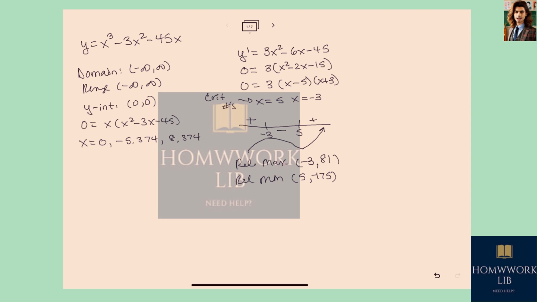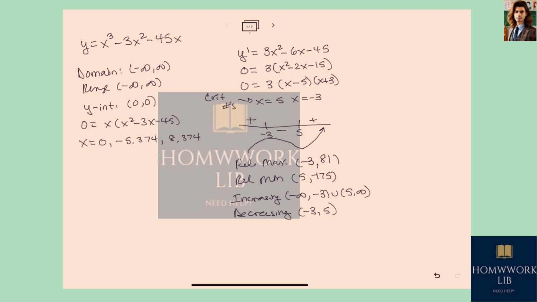Okay, so my graph, let's just write these intervals down for increasing and decreasing, will be increasing from -infinity to -3, and then from 5 to infinity. It's going to be decreasing in between -3 and 5.